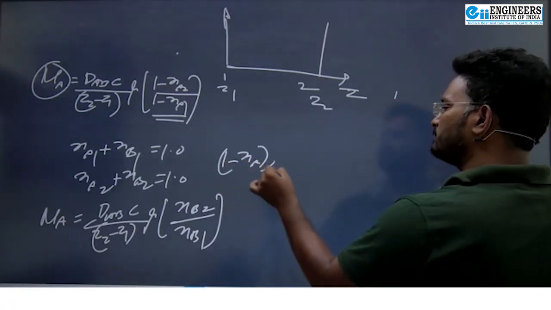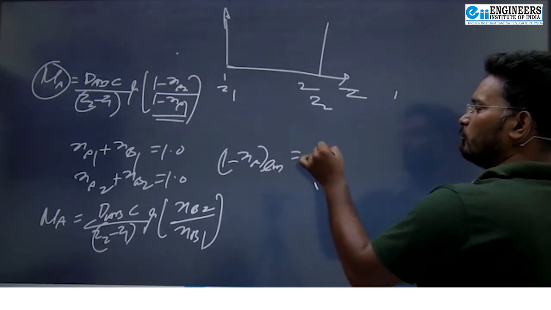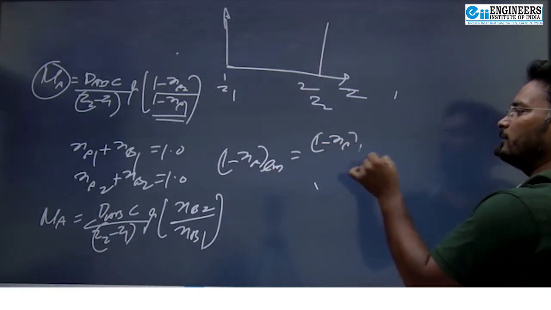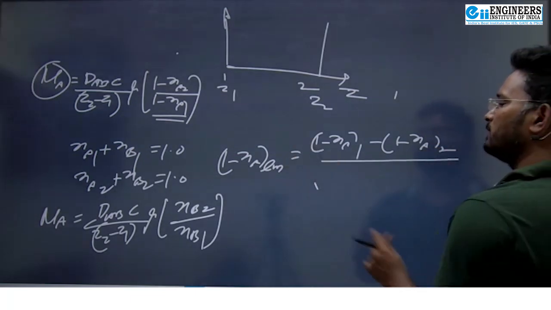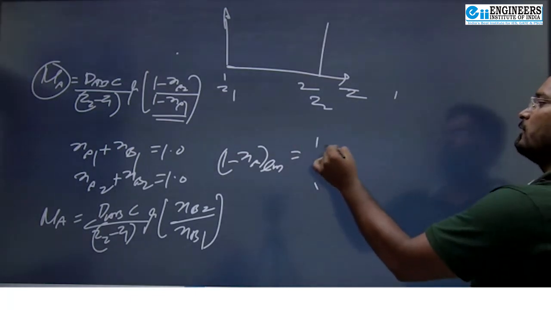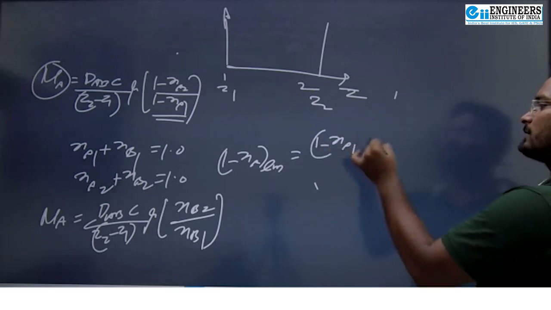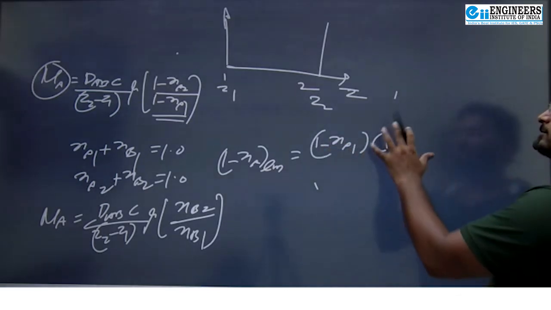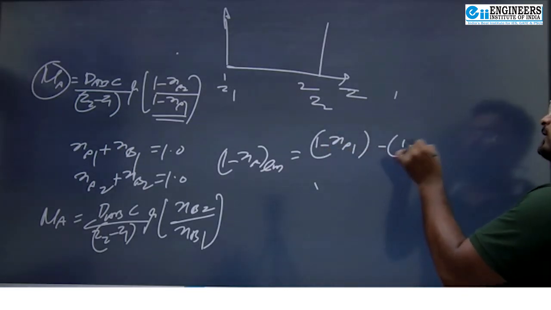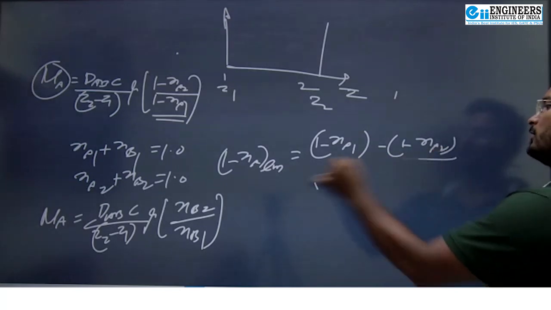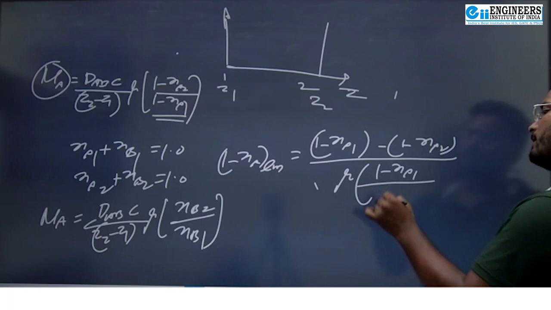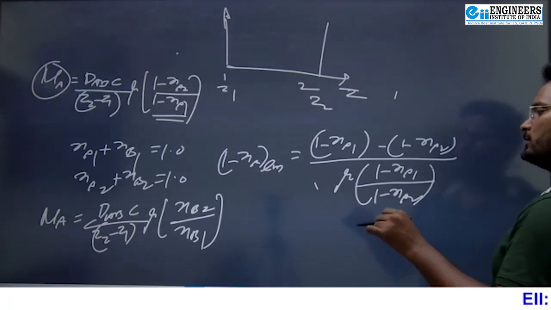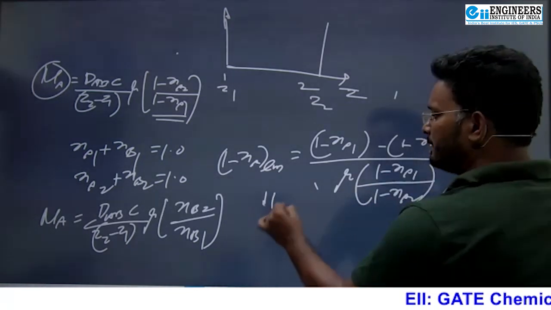What will it be? 1 minus xa at 1 point, 1 minus xa at 2 point, means 1 minus xa1 and 1 minus xa2 upon ln of 1 minus xa1 upon 1 minus xa2. This is the same as xblm.